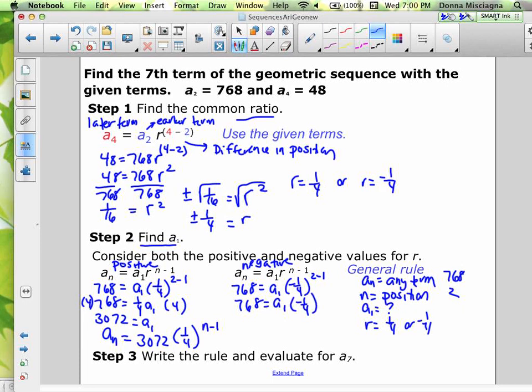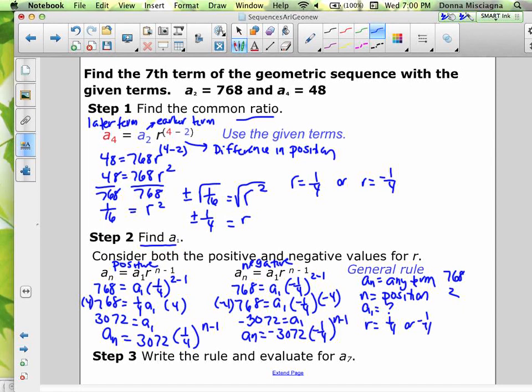Now we multiply both sides by negative 4, and we get a different A1, negative 3,072. So in this case, our rule would be AN equals negative 3,072 times negative 1/4 to the n minus 1 power.